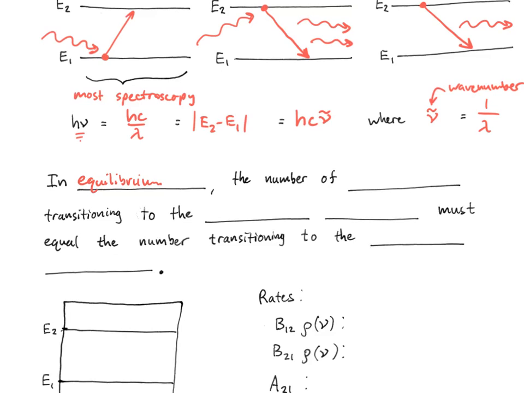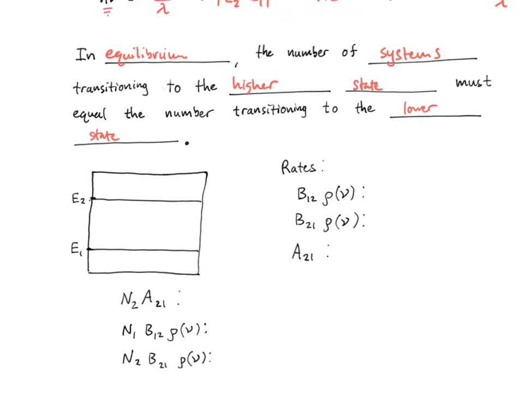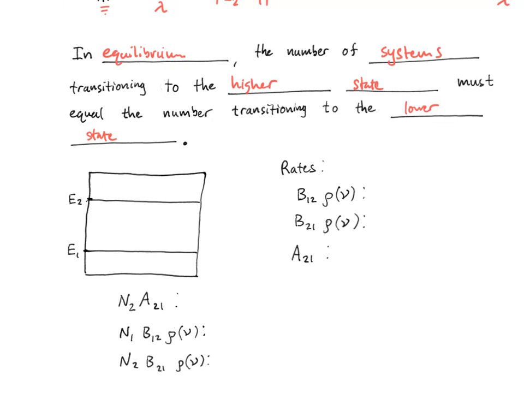In equilibrium, the number of systems transitioning to the higher state must equal the number transitioning to the lower state. So if the system is at equilibrium, it's at a relatively steady state, so there are equal numbers of transitions between the upper and lower state.